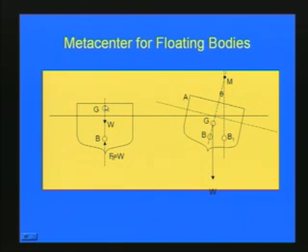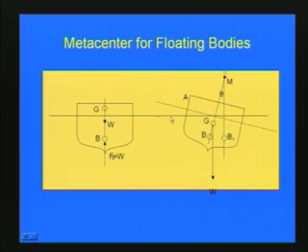The body weight is indicated here as W, and due to the buoyant force, an opposing force Fb acts in the opposite direction. Since it is in stable equilibrium, Fb is equal to the weight of the body. This is the situation, and now in this second figure we are giving a small displacement to this partially floating body.